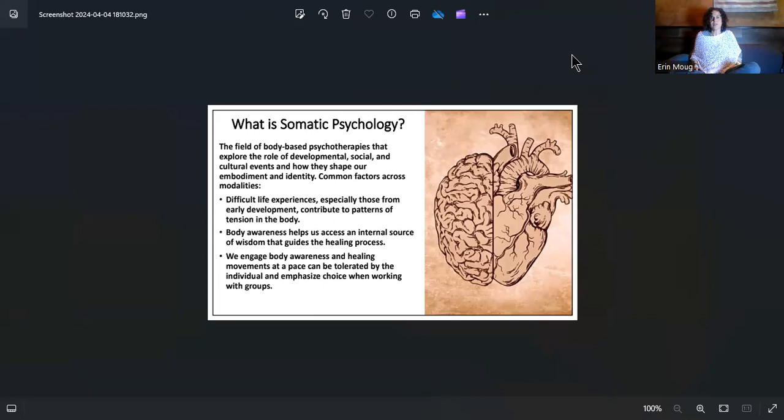Body awareness helps us access the internal source of wisdom that guides the healing process. We engage body awareness in healing movements at a pace that can be tolerated by the individual and emphasize choice when working with groups.